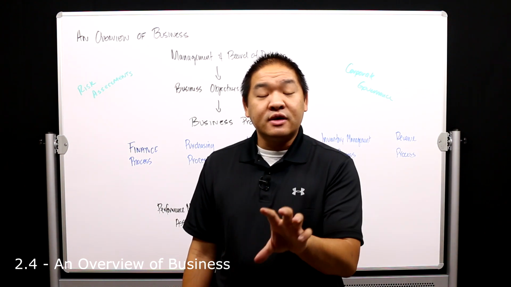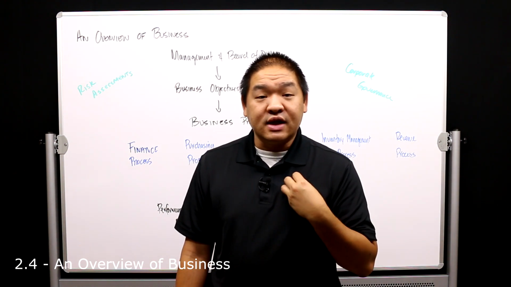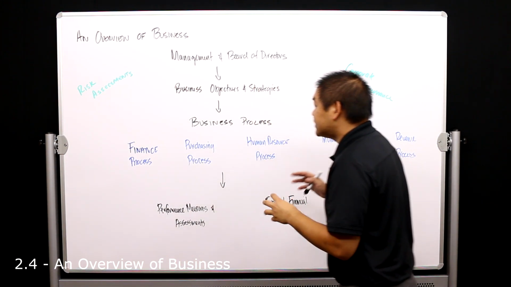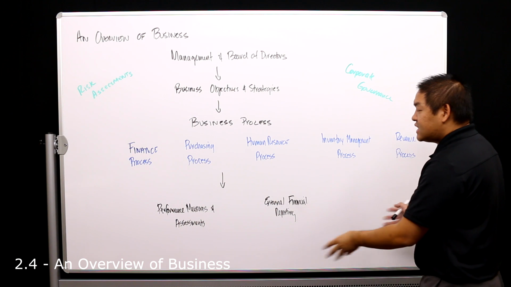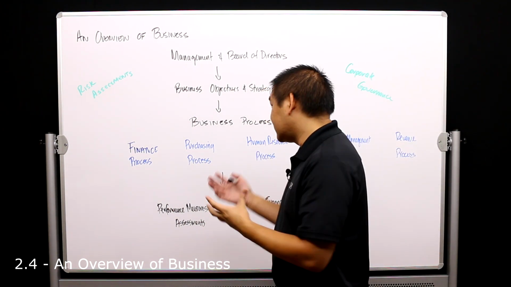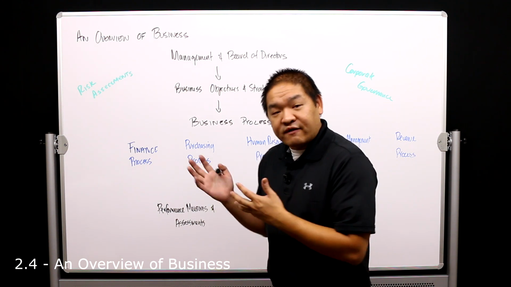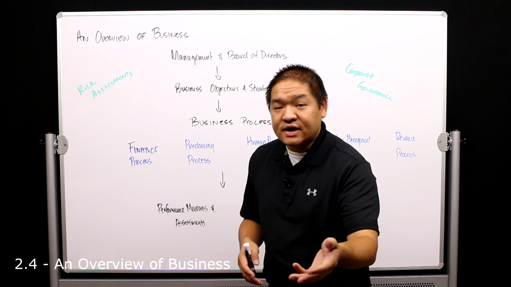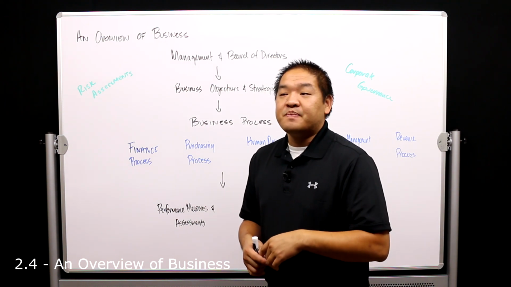So from an auditor's standpoint, what we're trying to do at the end of the day is audit these different processes to help us understand the overall organization and what we're looking for in the financial statement. So when it comes to, let's say, the finance process, we're going to audit everything from the loans, the loan covenants. We're going to look at equity.